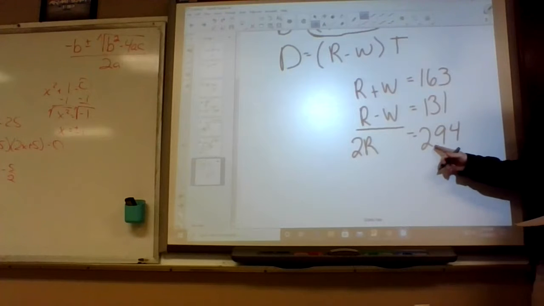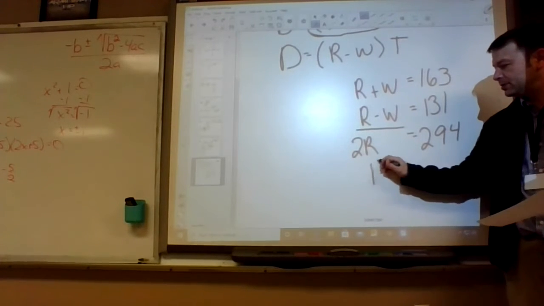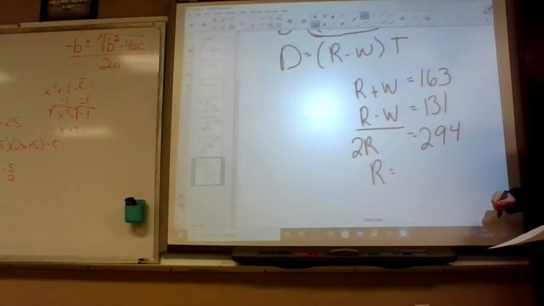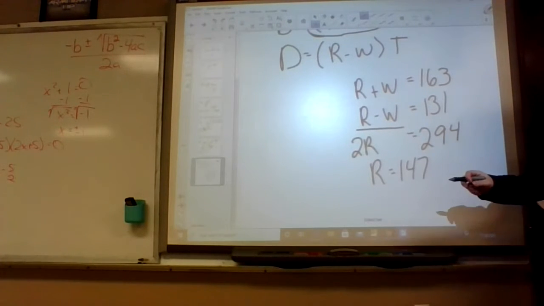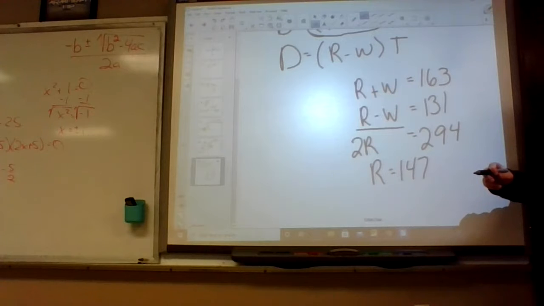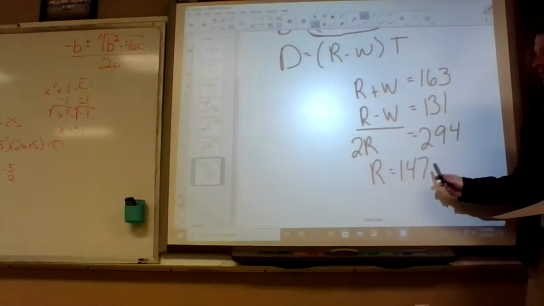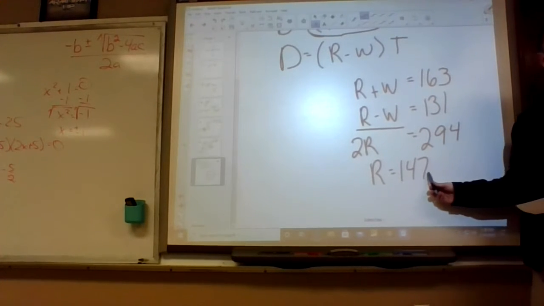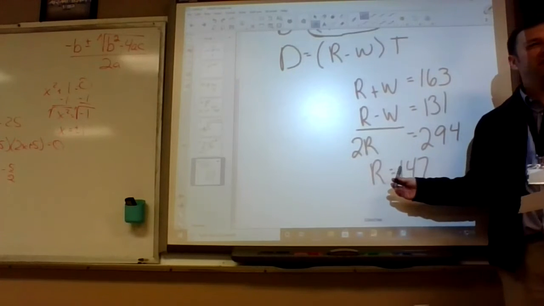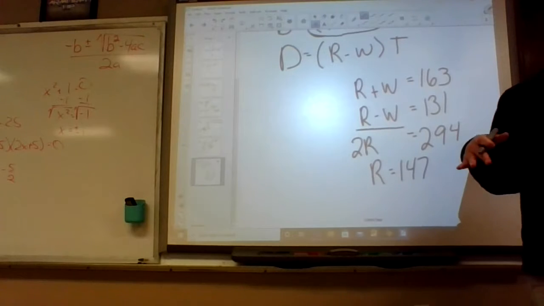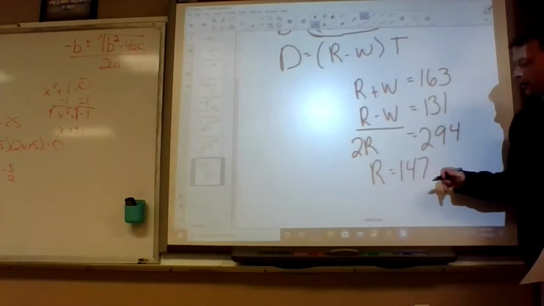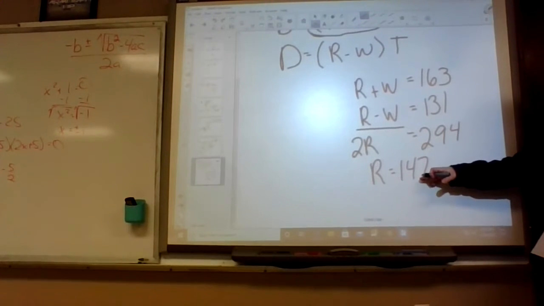Correct. 294 divided by 2 is 147. What does that mean? It's the rate. We're talking about a plane, not a boat. It's how fast the plane moves without wind. Okay, 147 miles per hour, basically.